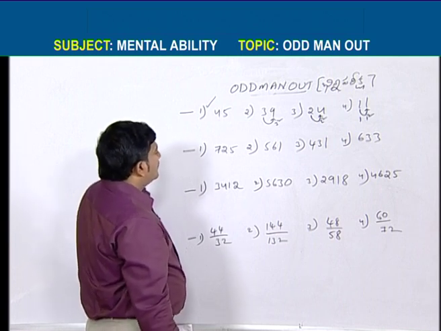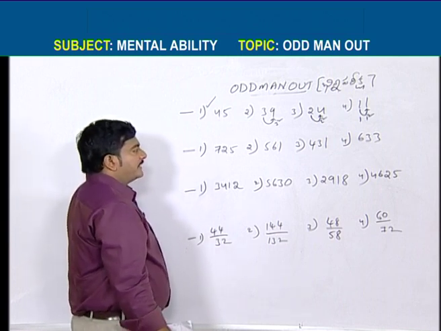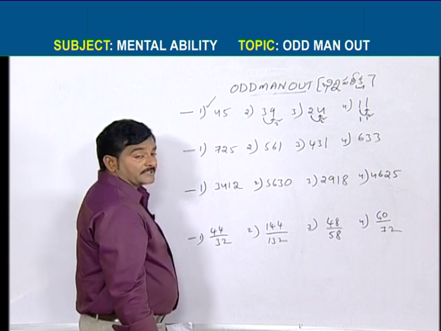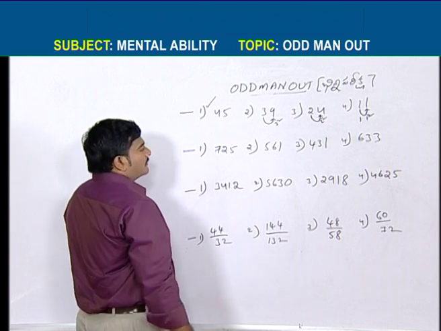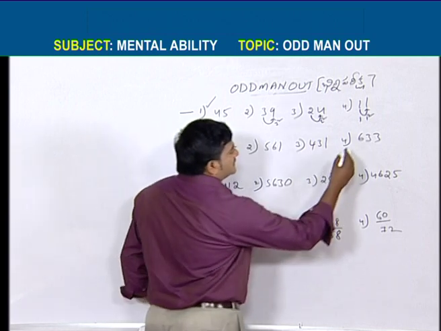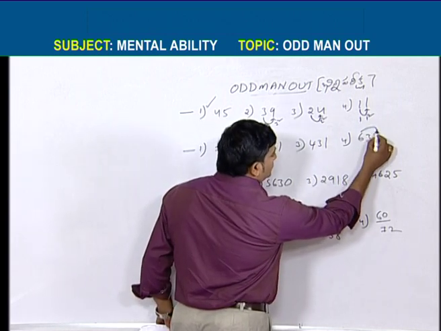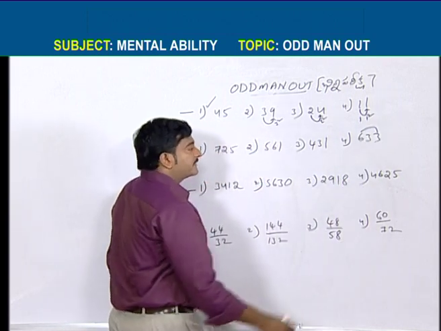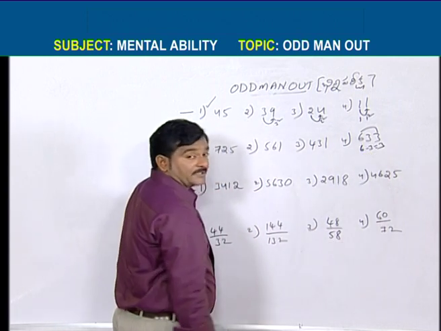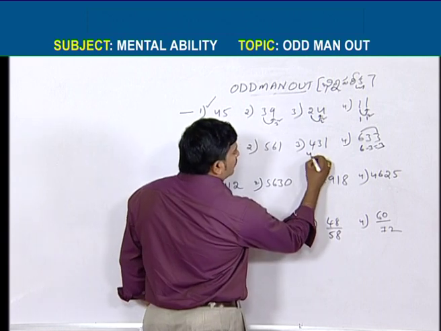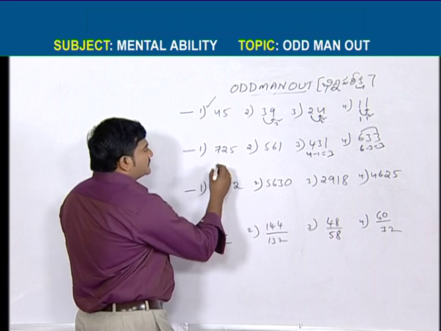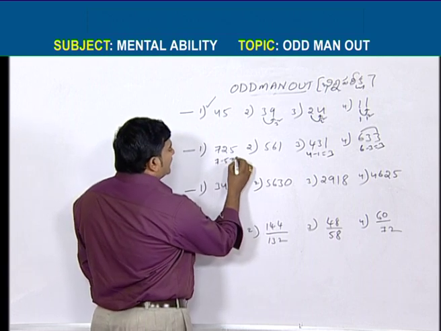Observe this question: 725, 561, 431, 633. The concept involved is to find the difference of the first and last digits. Go to the fourth option: 6 minus 3, difference, I am getting 3. 4 minus 1, I am getting 3. In the first question, 7 minus 5, I am getting 2.